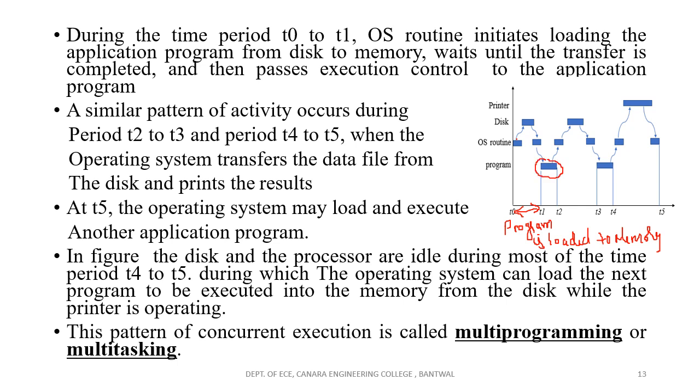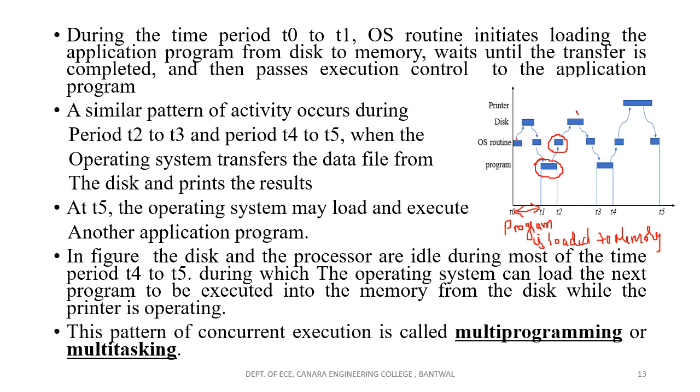The program starts running. Once it starts running, the program requests the data file that is present in the disk. So it passes the control back to the OS routine to allocate the resource.